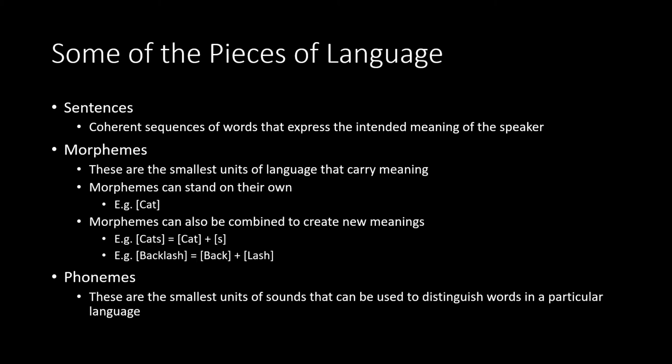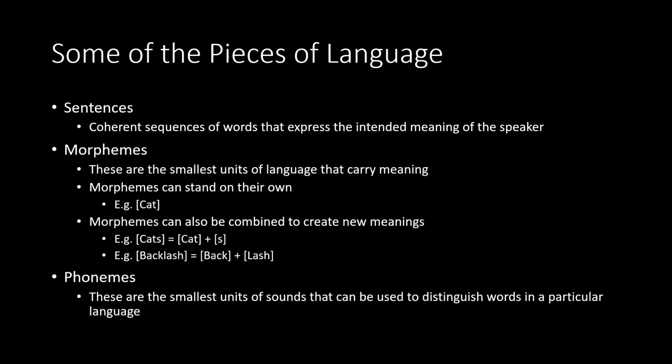However, morphemes can be combined to create new meanings. So for example, cats is the combination of cat along with the S sound. And now here, the S sound is actually also considered to be a morpheme because S oftentimes carries the indication or meaning of plurality of some kind. And so we would oftentimes consider it a morpheme as well.